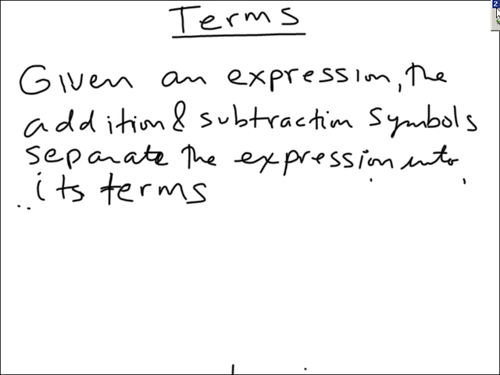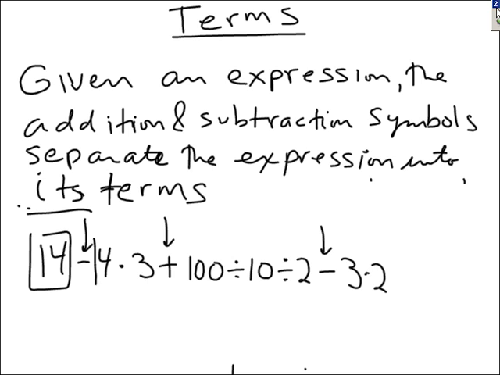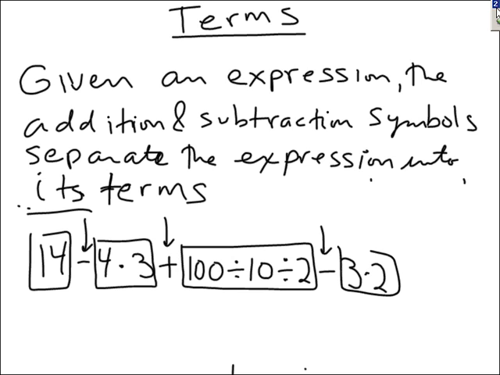So we try another one. If you have 14 minus 4 times 3 plus 100 divided by 10 divided by 2 minus 3 times 2, the terms are separated by addition and subtraction. Nothing else. It's this piece minus that piece plus this piece minus that piece.